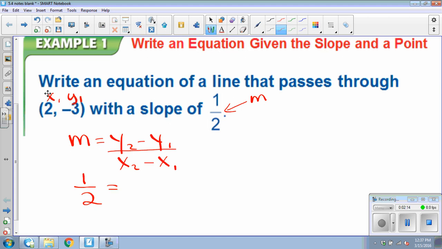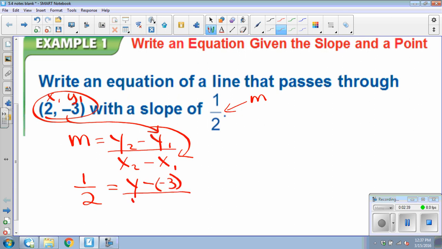Equals, I told you, leave y2 and x2 alone. They're just going to stay x and y. There are variables in our equation that we're going to write. Okay? So, but we plug in x1 and y1, which is this right here. So, it's going to be y minus negative 3 over x minus 2. So let that sink in so you could see what I did.